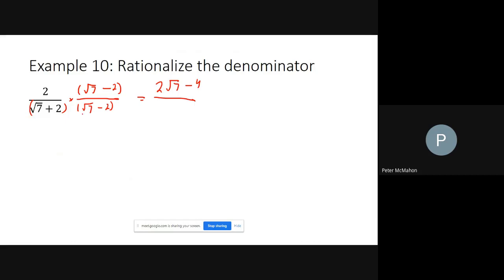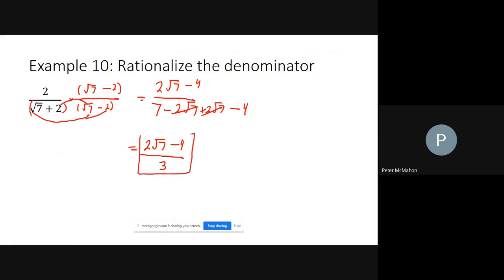In the denominator, it gives me root 7 times root 7 is root 49, which is 7, minus 2 root 7 plus 2 root 7 minus 4. So this term and this term cancel out, and we get 2 root 7 minus 4 over 7 minus 4, which is 3. Okay, so this is the rationalized version like this.